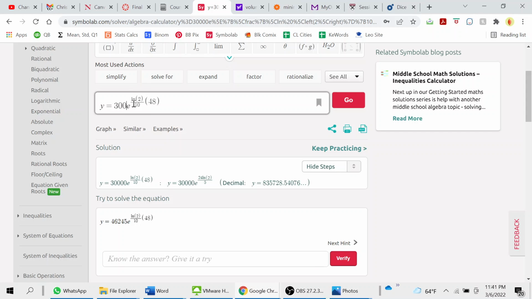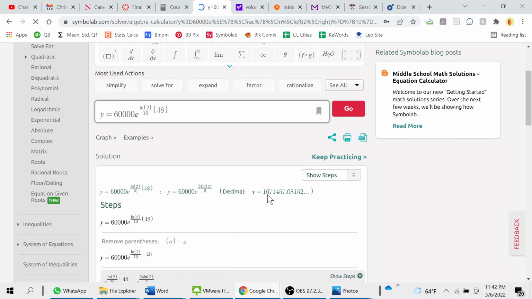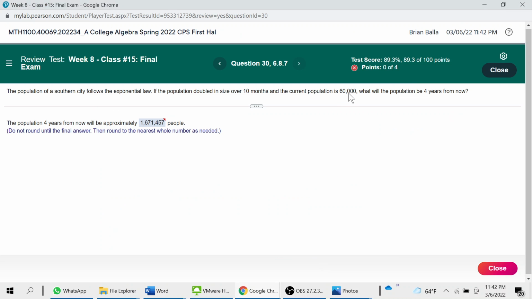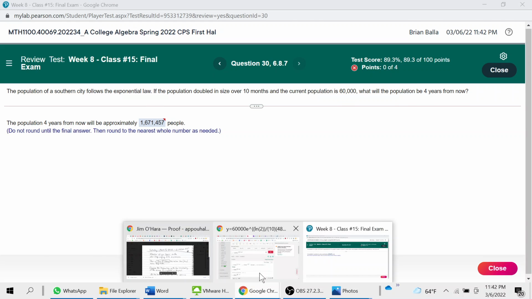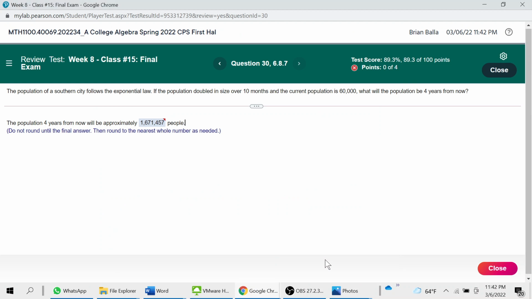Hold on. Let me see here. If it types in 60,000. Oh, I see what my mistake was. This current population is 60,000. 1671457. Oh my god. Okay, whatever. Oh, if I got this question right, it would have been a 90.